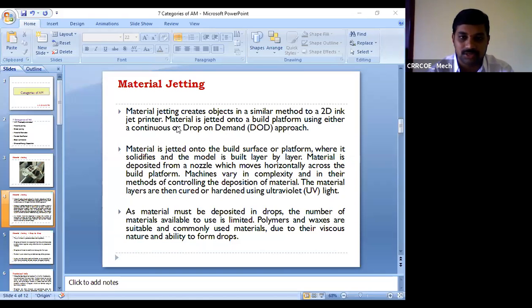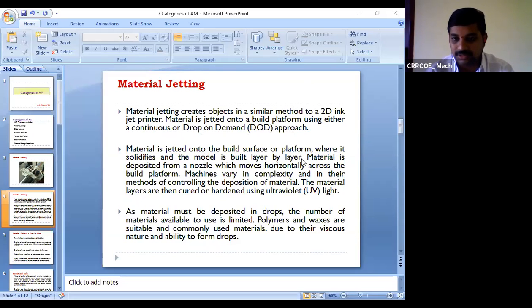But in the specific material jetting process, the material is sent drop by drop. The material is jetted onto the build surface or platform where it solidifies, and the model is built layer by layer.